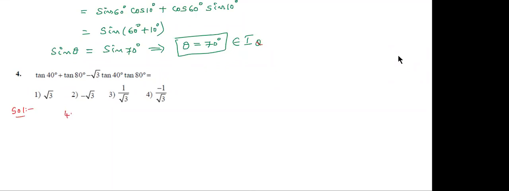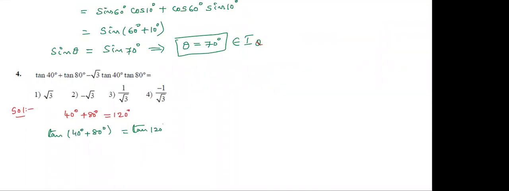So 40 degrees plus 80 degrees, students, how much? 120 degrees. Apply tan on both sides. Why am I applying tan? Because in the question the terms are tan only. So tan of 40 plus 80 is equal to tan 120.